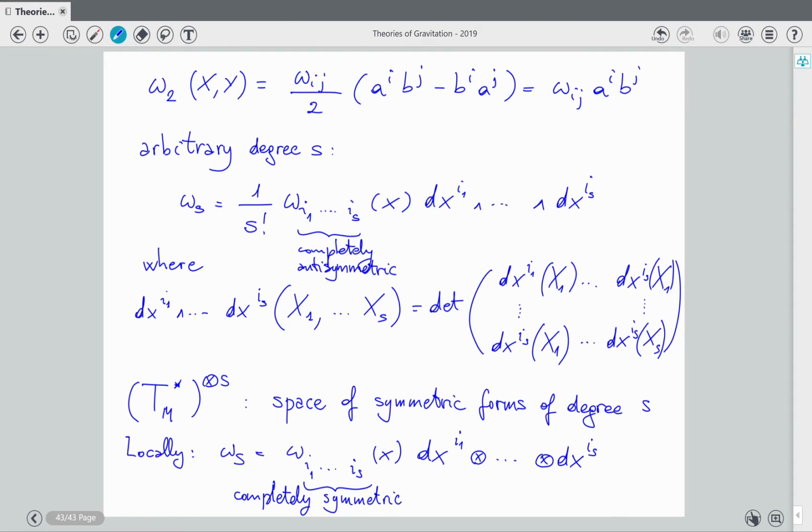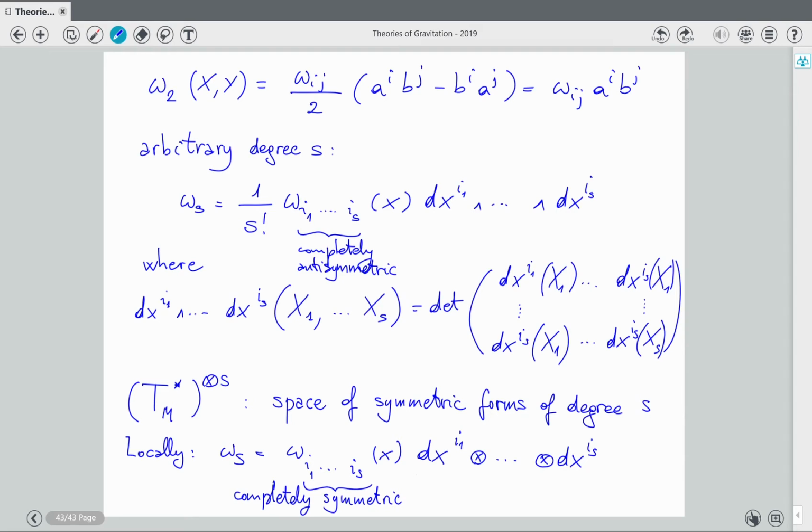Which again is an object, omega S, acting on a string of S vector fields, so it's sufficient to specify how these objects act on such a string. It will not be a determinant, of course, it will be some symmetric combination.